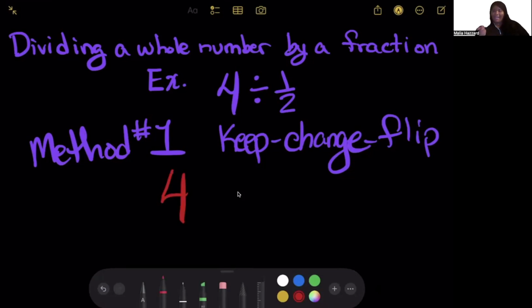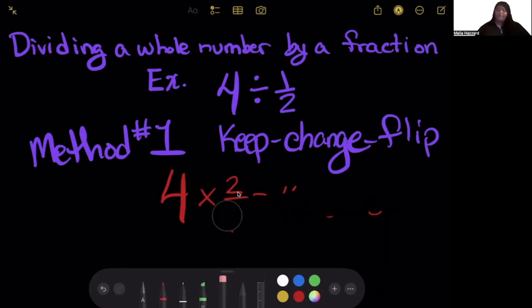I'm going to change division to multiplication. And then I'm going to flip the last fraction or multiply by the reciprocal, 2/1. So this changes my problem into 4 times 2, which gives me 8. All right, that is for method number 1.